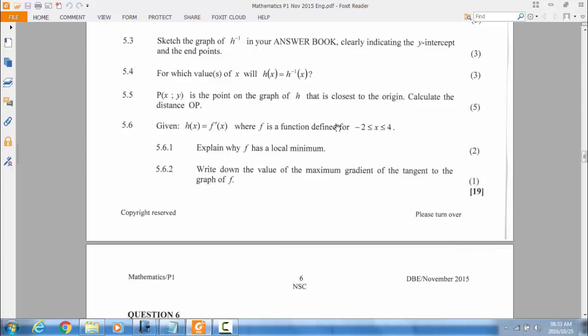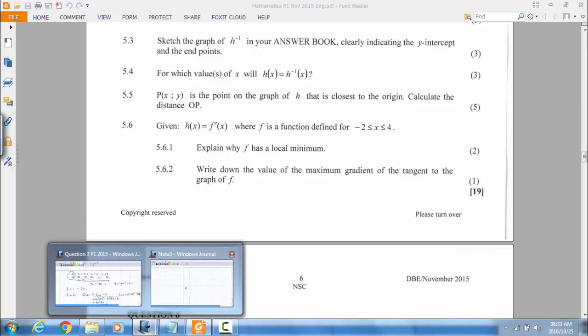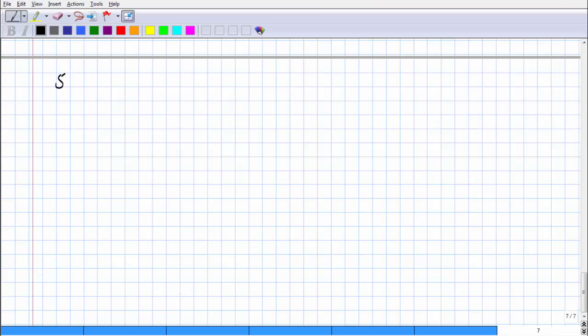Well, there's nothing complicated about that either. If we look at h of x, and we say h of x is equal to the derivative of f of x. What they're actually saying is, let me just write 5.6. When we take a derivative, let's go y equals 2x squared plus, actually let's choose one that makes complete sense.